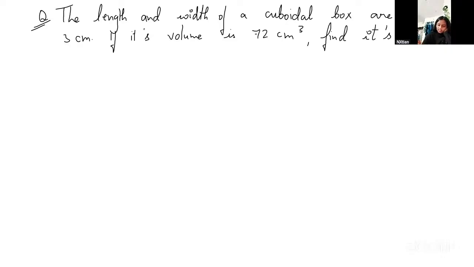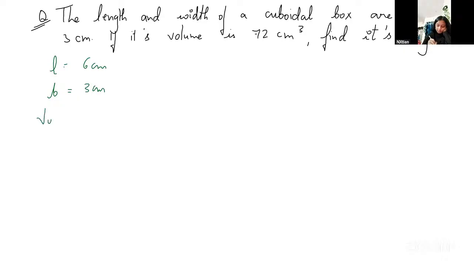Now in this question, we have the volume, we have the length and breadth, but we have to find out the height. I'm writing down whatever we have here. Length we have is 6 centimeter. Breadth is 3 centimeter.